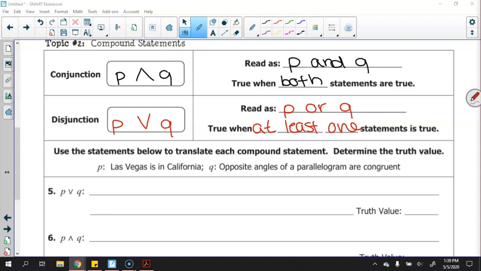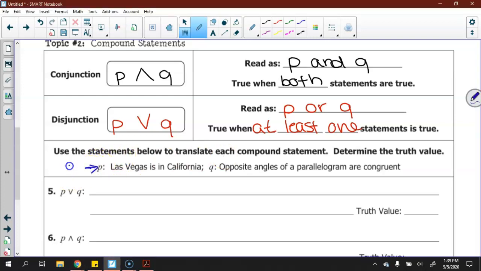All right, so as I'm looking at this, it gives you a whole bunch of statements to go off of below it. So Las Vegas is in California. That's my first one. And that I know for sure is false. It's in Nevada. All right, opposite angles of a parallelogram are congruent. This one is true.